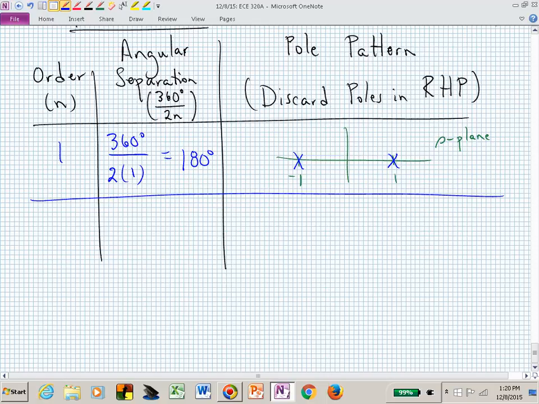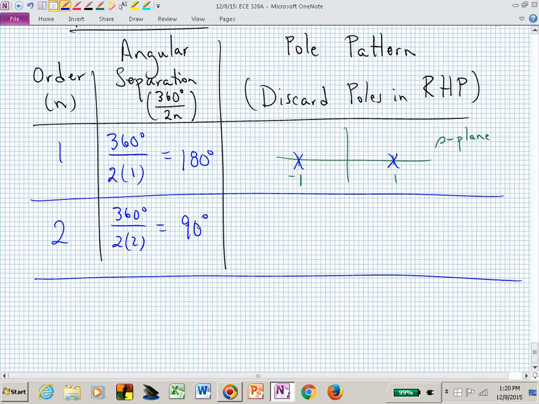What happens when n is equal to 2? Now these poles are separated by what angle? 90. And I want 2 poles in the left half plane and 2 poles in the right half plane, meaning I can't have my poles on the axis.